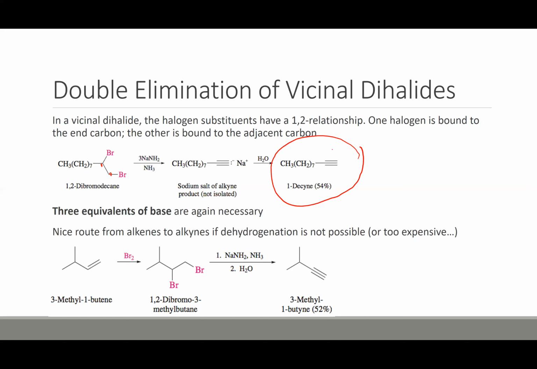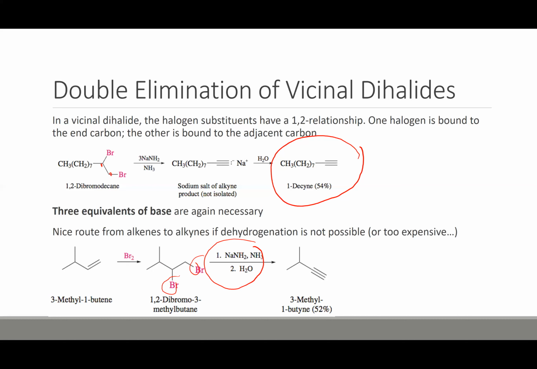So this type of formation, starting with a double bond, brominating in the 1,2 position, and then doing this elimination reaction for a triple bond, is a good route if you can't do dehydrogenation.